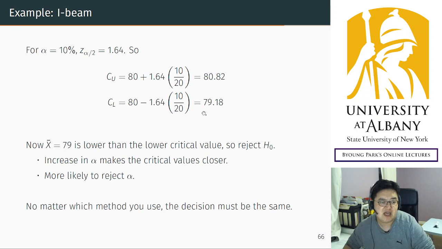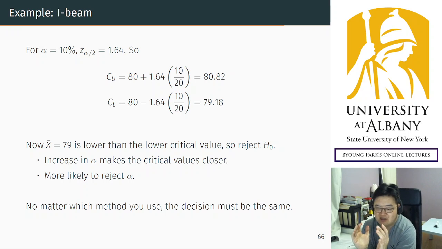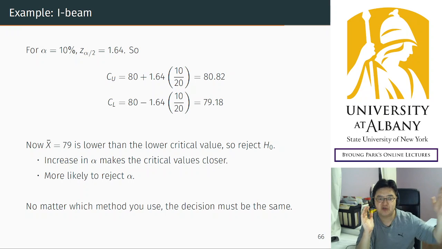So in this case, the lower critical value is 79.18, which means the observed sample average is lower than the lower critical value. It is outside, so your acceptance region is like this much, but your observation is outside of that, right?